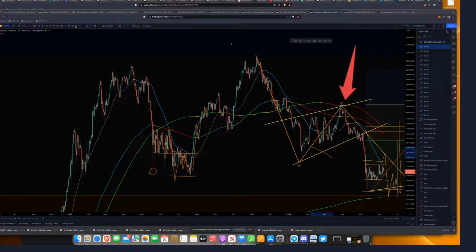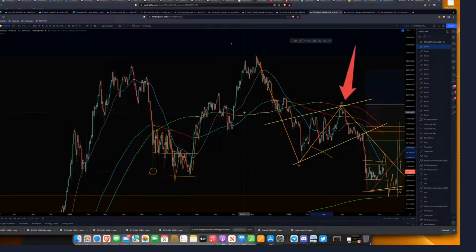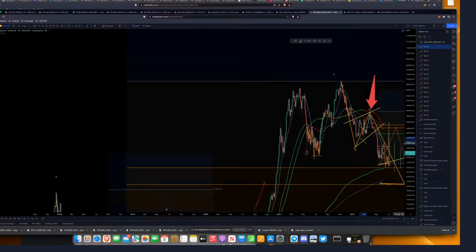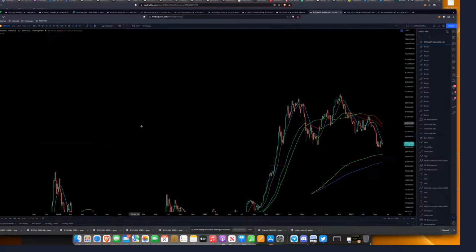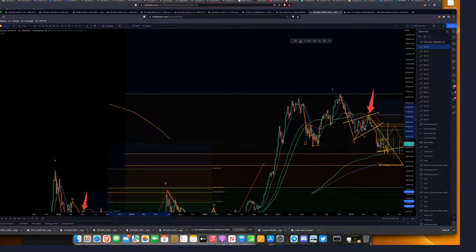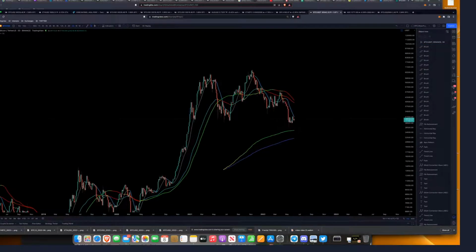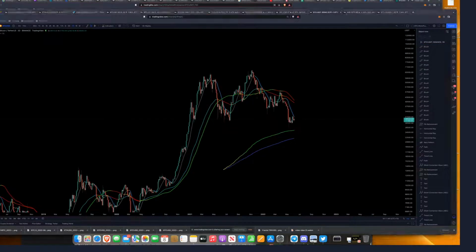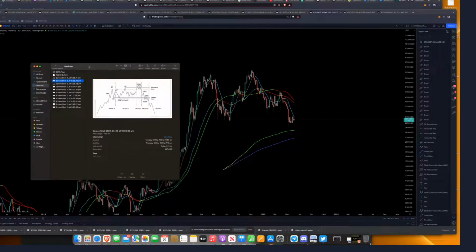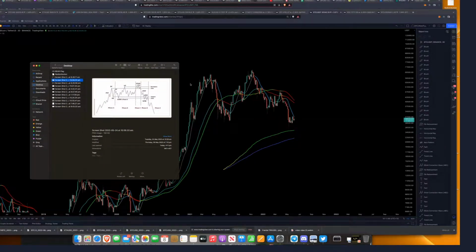Let's look at the bigger picture. 3-day will probably be better. All right. This model fits our first climax.